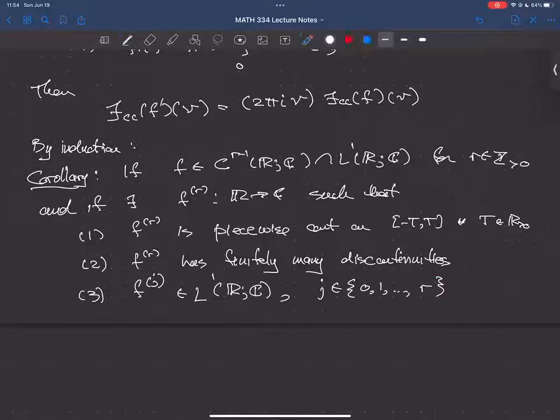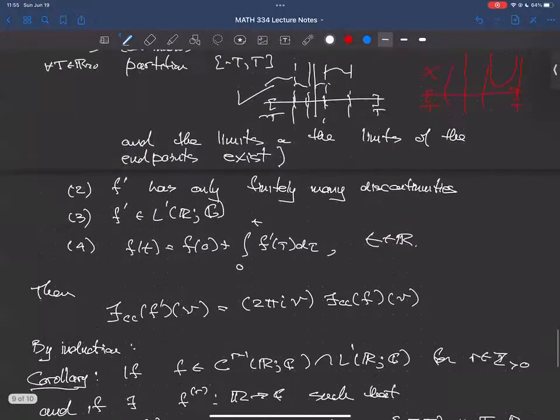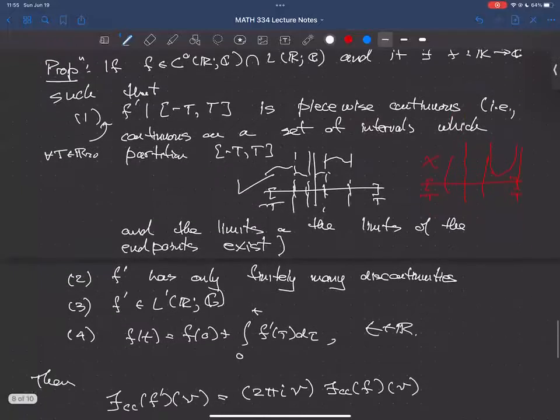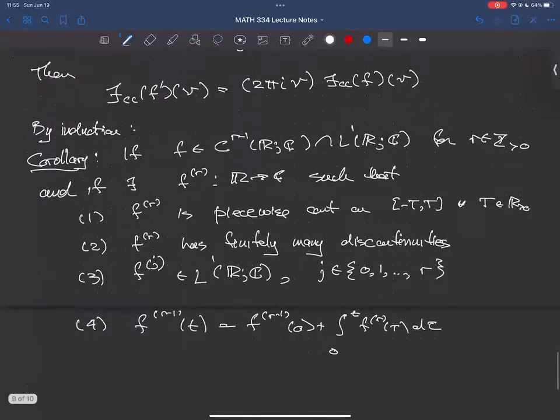And then finally, the (r-1)th derivative of f is f_(r-1) at 0 plus the integral of the supposed rth derivative. So it's basically the same statement as the previous case, but for higher derivatives.